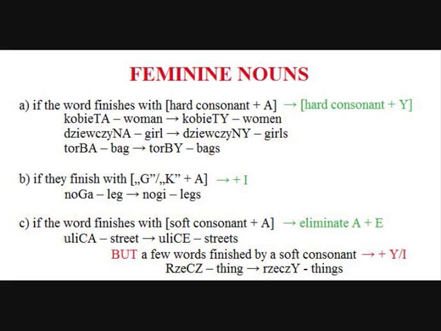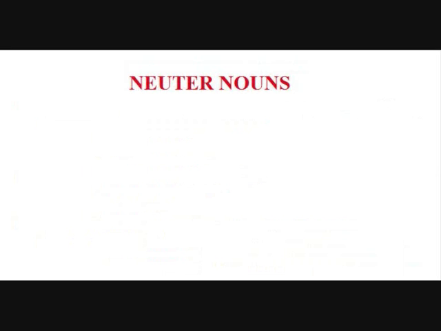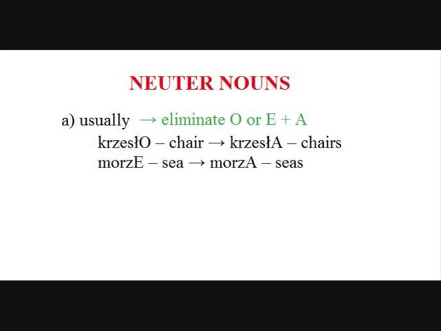Now let's get to the last gender we're going to take a look at. It's neuter. Usually you just have to eliminate the o or the e that finishes the noun and add an a. For example, krzesło, chair, krzesła, chairs. Or morze, sea, morza, seas.